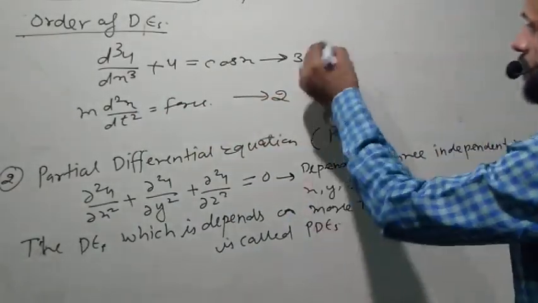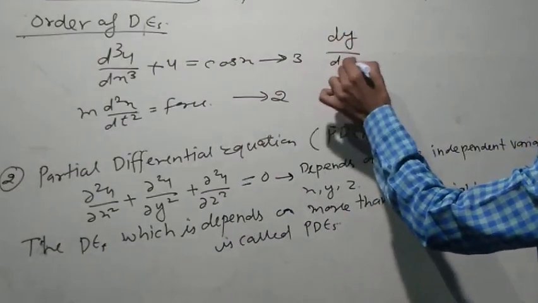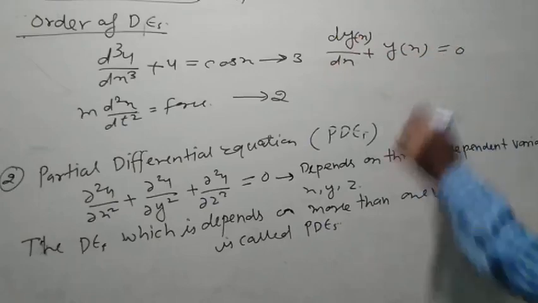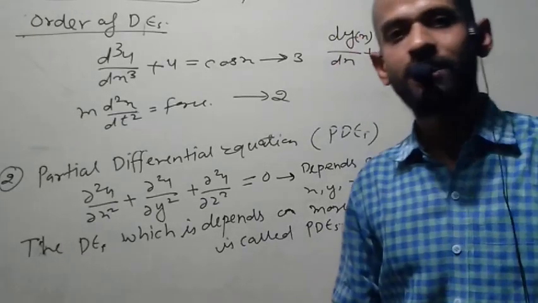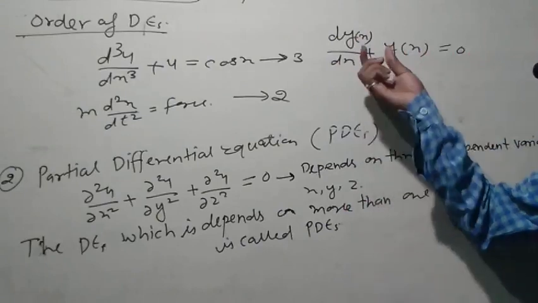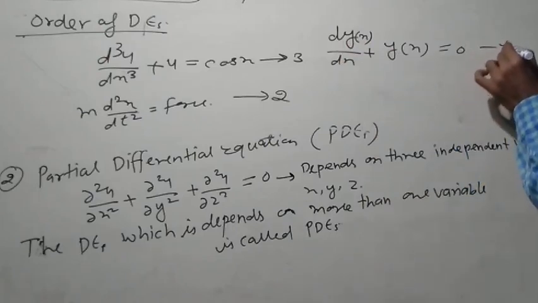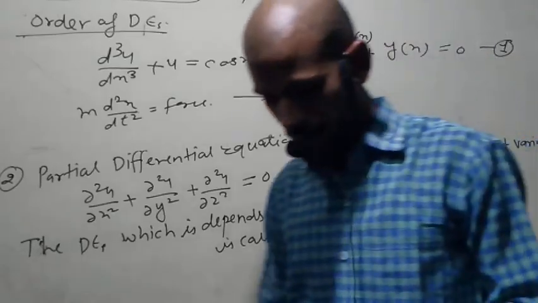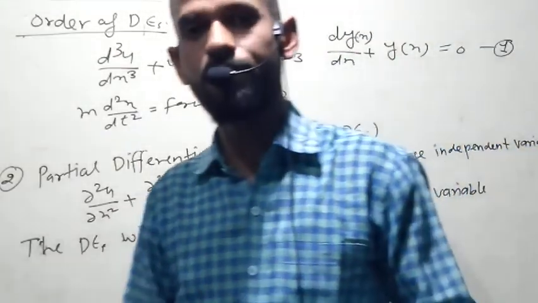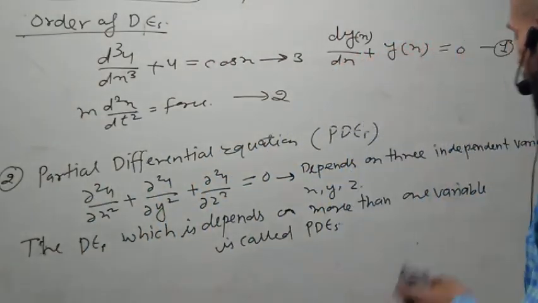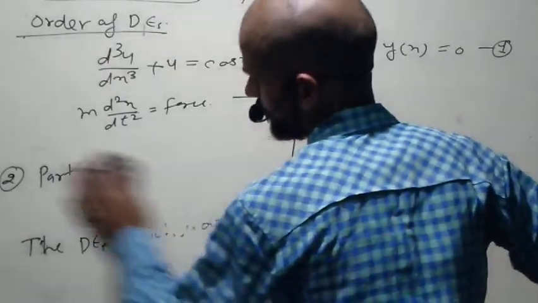Another example is dy by dx plus yx is equal to 0. In this equation there is one derivative of y, so the order of this differential equation is 1. Now I think that you understand about order of an equation.